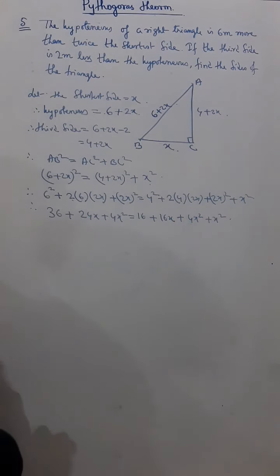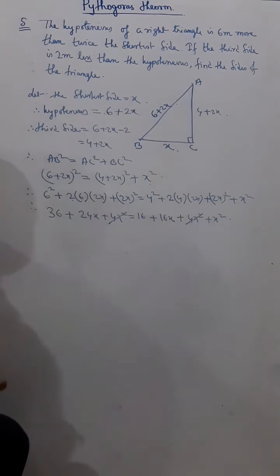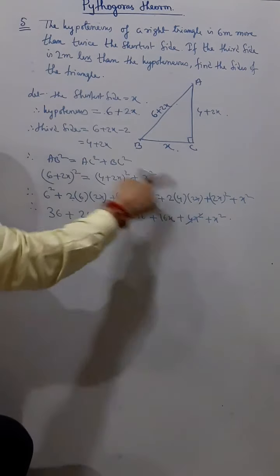Okay, and now again here also we'll get a quadratic equation. But before that, this 4x square and 4x square will get cancelled, and we should always keep x square positive, so we'll take all these numbers to that side.